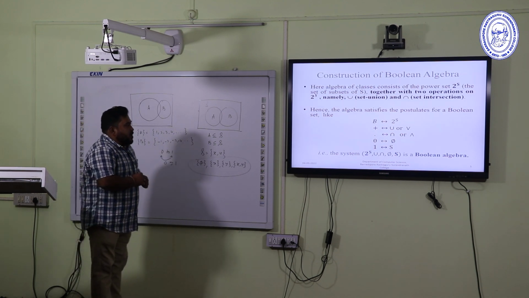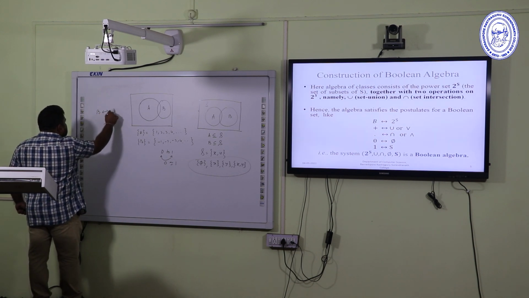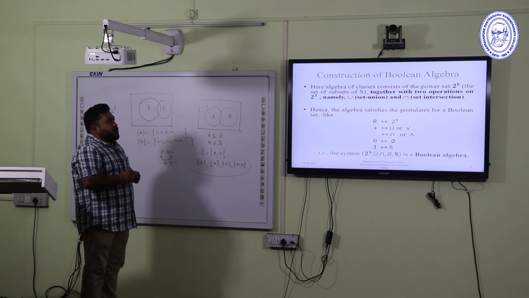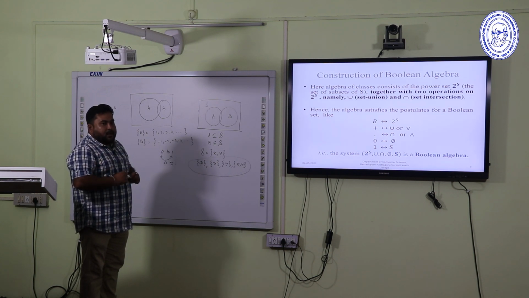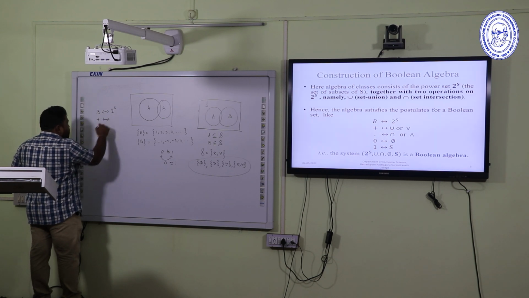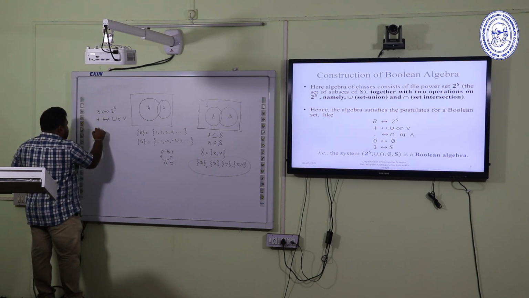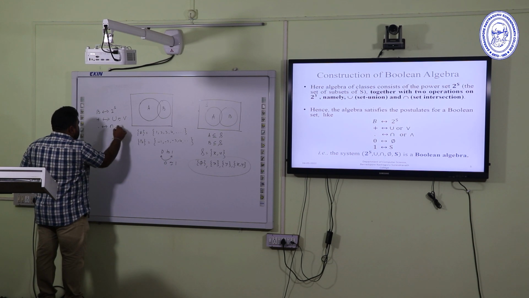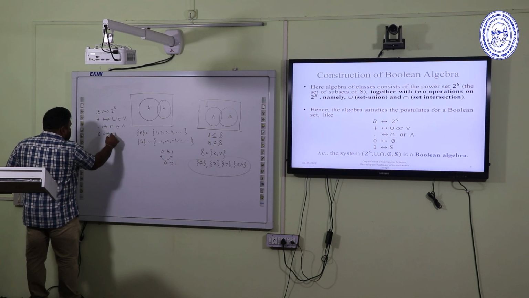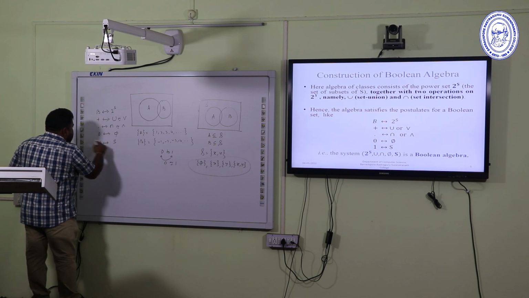So here exist 5 components: B, which is equivalent to 2 to the power S, where 2 to the power S is the power set of this particular universal set; another operation plus, which is equivalent to union; the product, which is equivalent to intersection; and the last ones, 0, which is phi or the null set, and 1, which is the set itself.